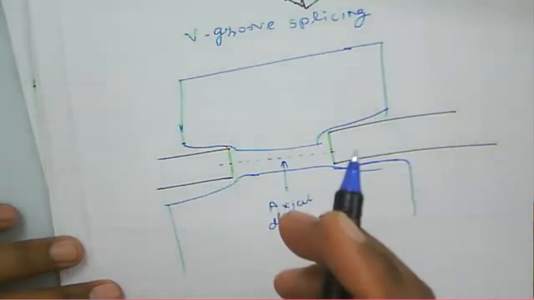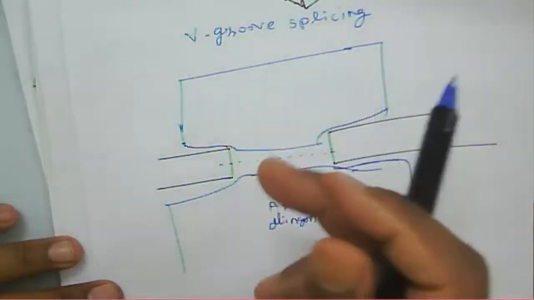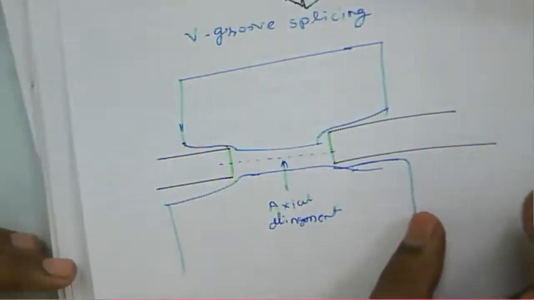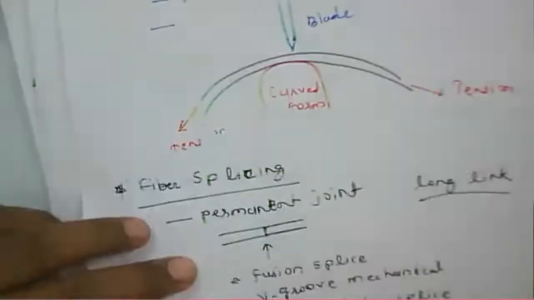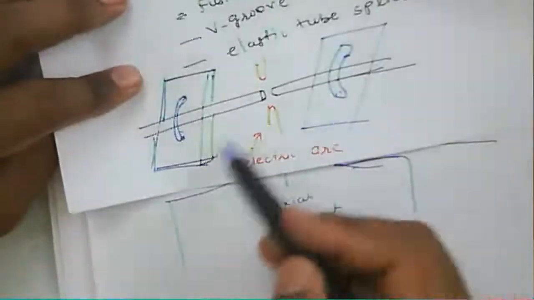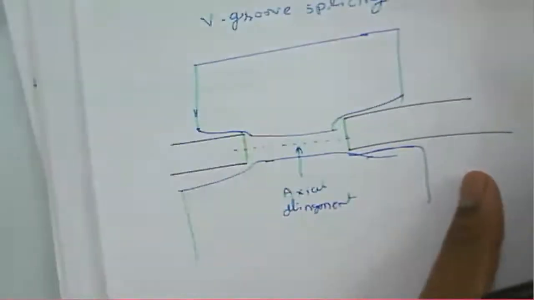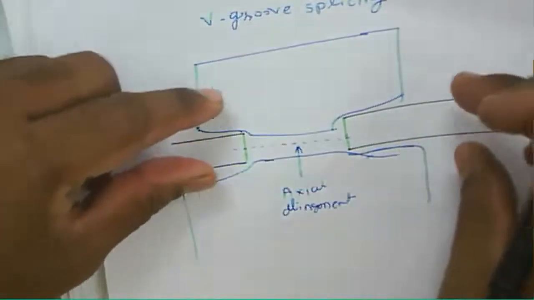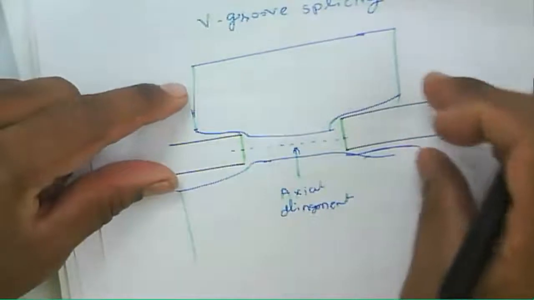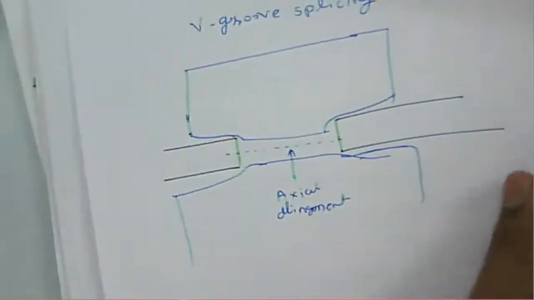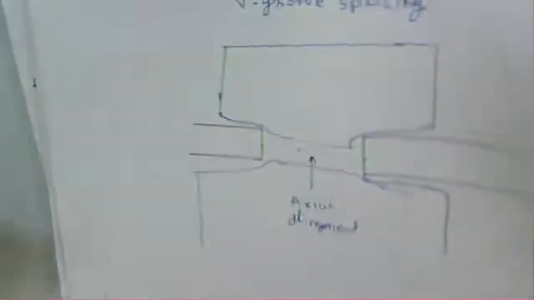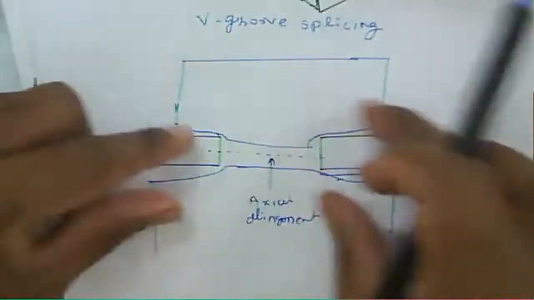If it is a multimode fiber, there will be more losses in this type of splicing. The most common technique people use is the fusion technique, but we should know the core diameter of the fiber before we connect it. We need to insert the fibers and match the axes of the two fibers.